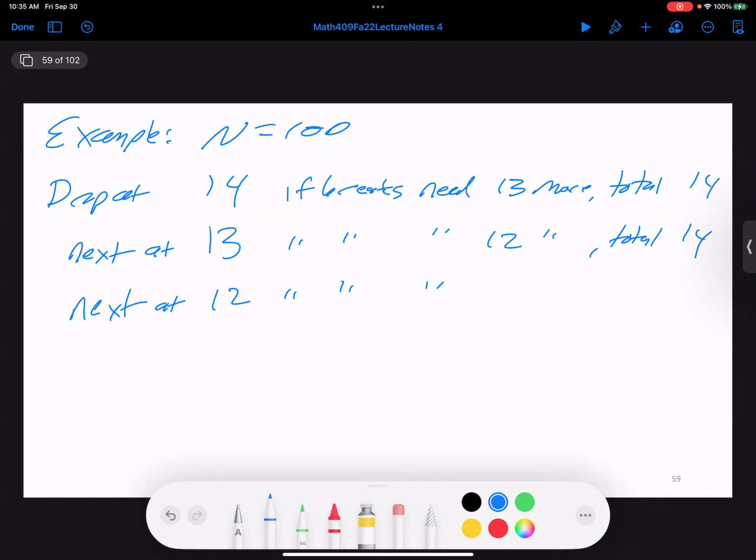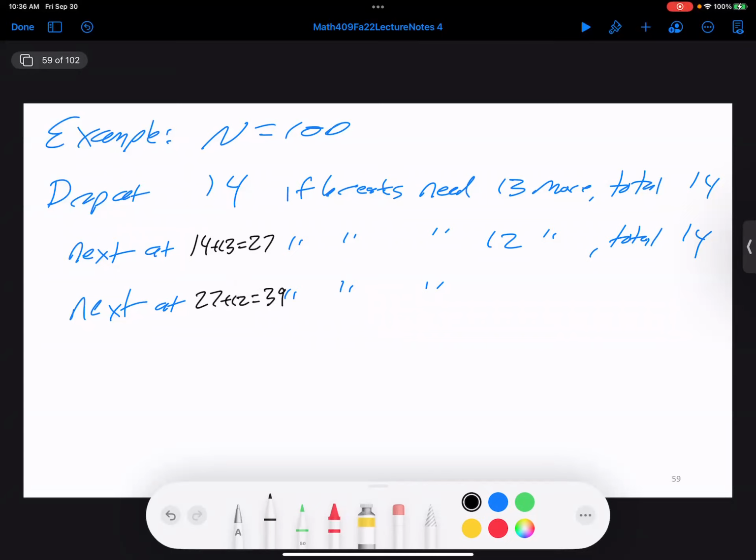So I dropped the first one at 14, the next one at 14 plus 13 is 27. And the next one would be 27 plus 12 is 39 in terms of what floor.